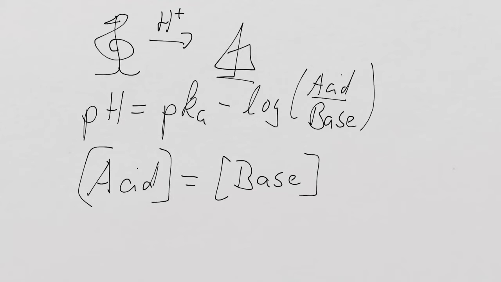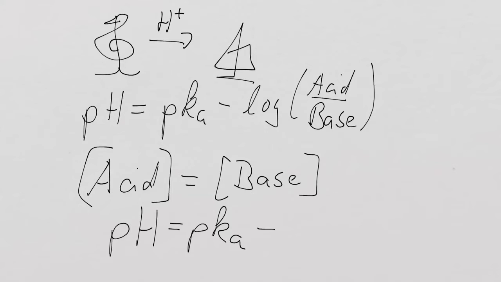You mentioned the word buffer, obviously, yes. You're absolutely right, but why is it, from the Henderson-Hasselbalch equation, that pH in this case equals pKa? Why is that the case?